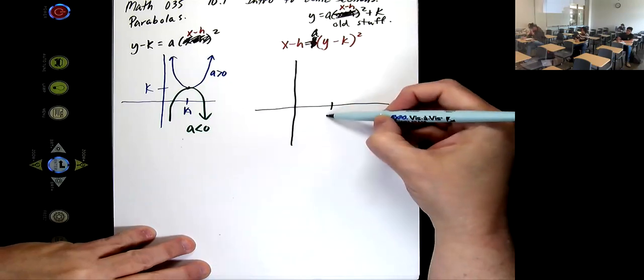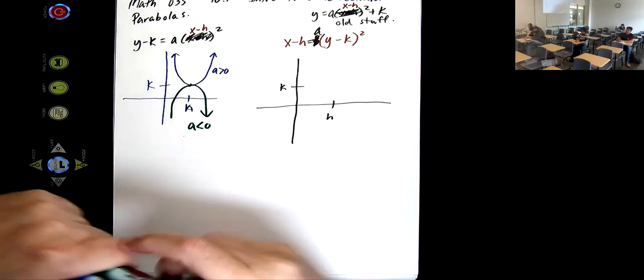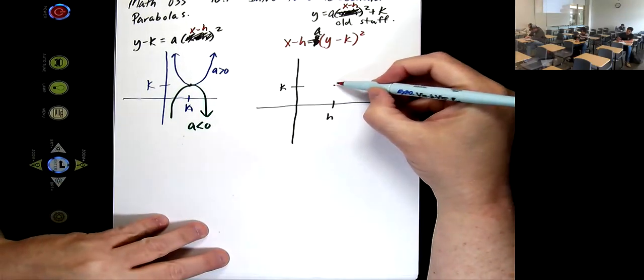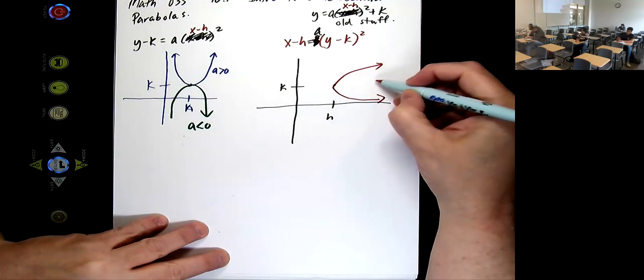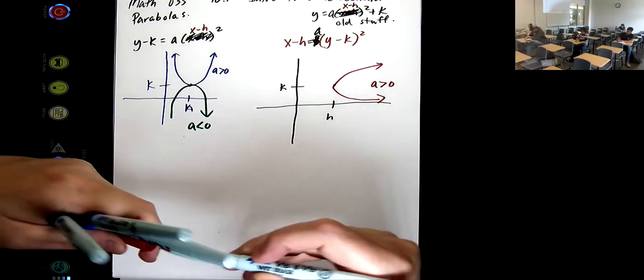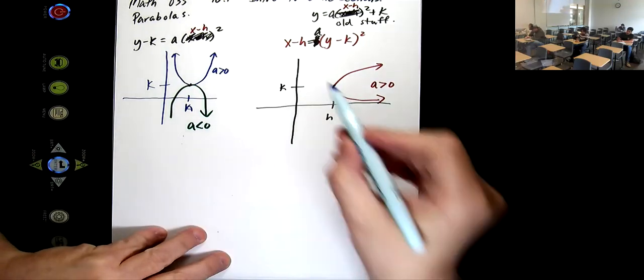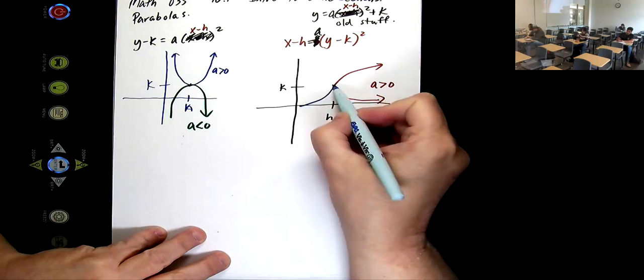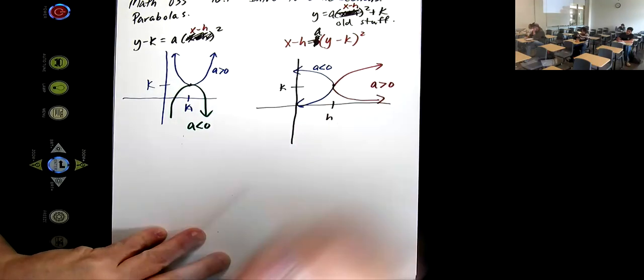Again, we have it centered at (h, k). But this is a parabola that opens to the right if a is greater than 0. And it's a parabola that opens to the left if a is less than 0.